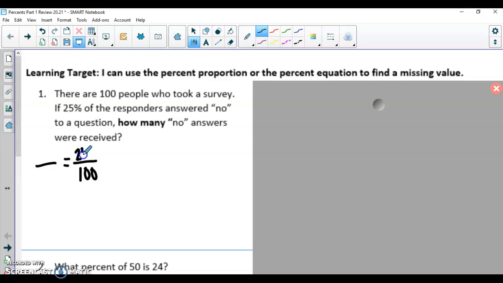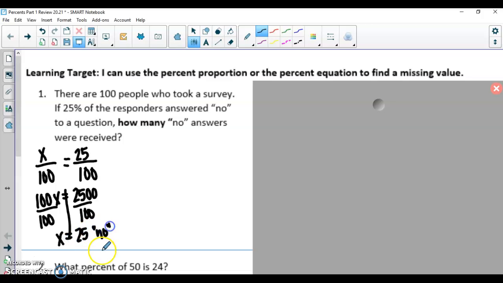Your percent is 25. There's 100 people who took the survey. That's your total number, so that'll go on the bottom. We want to know how many are here on the top who gave the no answers. Cross multiplying results in 100x equals 2,500. You're going to divide by 100 on both sides, and x is going to be 25 no answers.